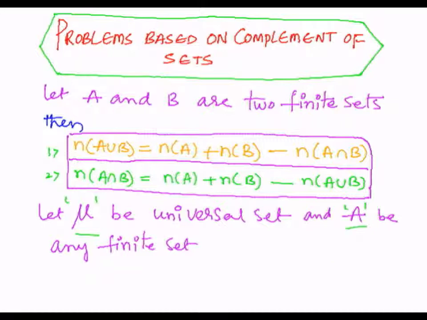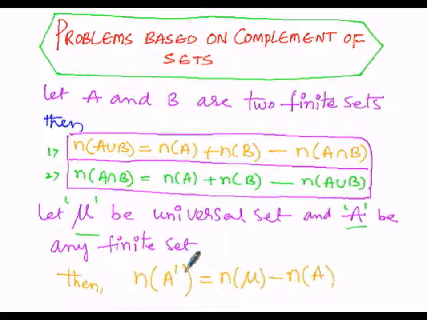Then N of A complement, the number of elements in the complement of set A, is equal to N of mu minus N of A. This is the formula in order to get N of A complement.